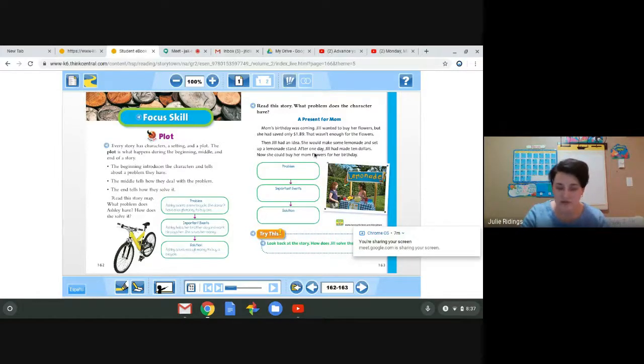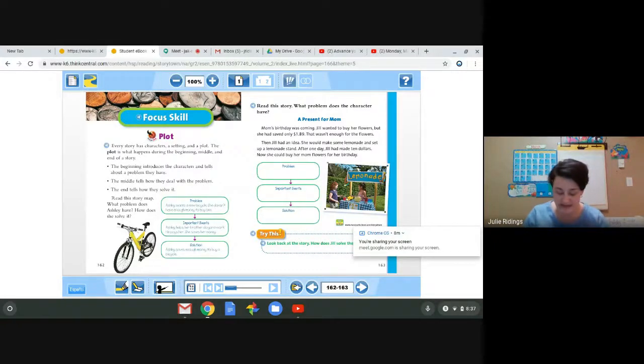Important events. What did she do in the middle to solve that problem of not having enough money? Say it out loud now. And then when I answer, we'll see if your answer matched. What were the important events in the middle? Jill made a lemonade stand and sold lemonade to make enough money. Good.